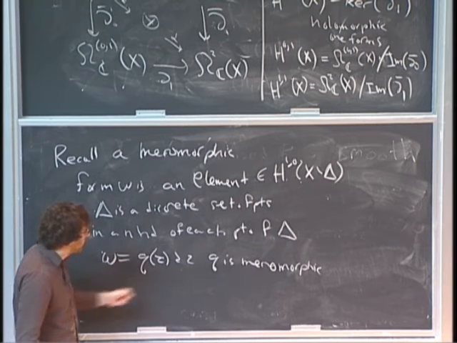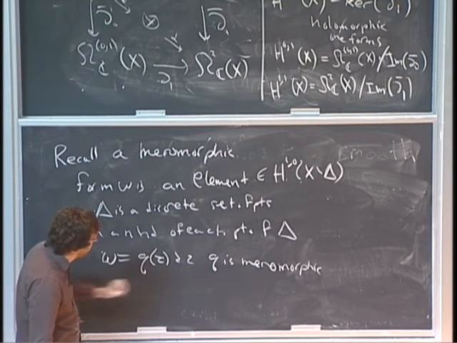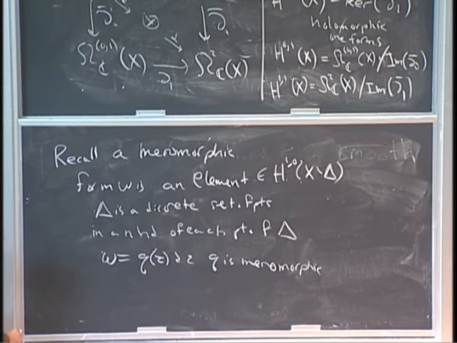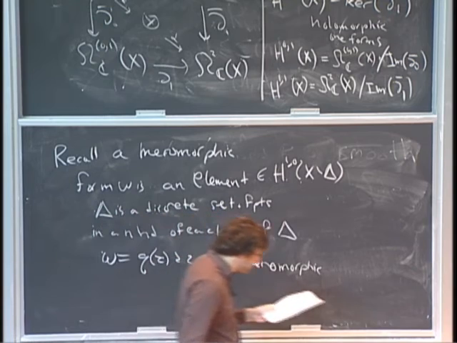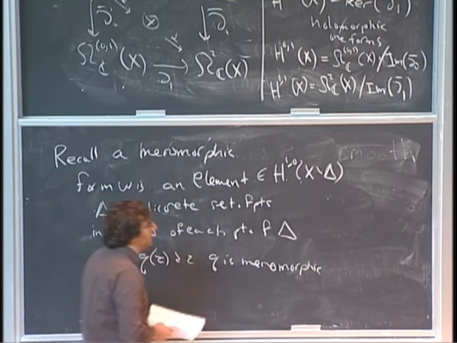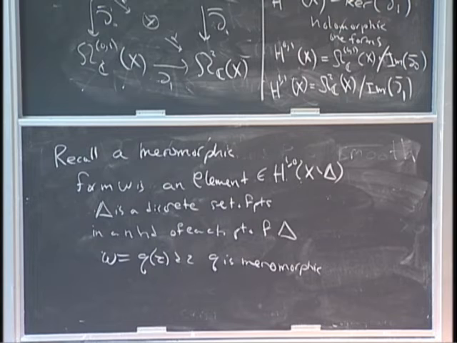That works everywhere except for the Riemann sphere, but for the Riemann sphere we can do it by hand, so you should convince yourself of that. The point about these is that because they can be integrated, we have a little bit of extra information that we don't have for meromorphic functions.